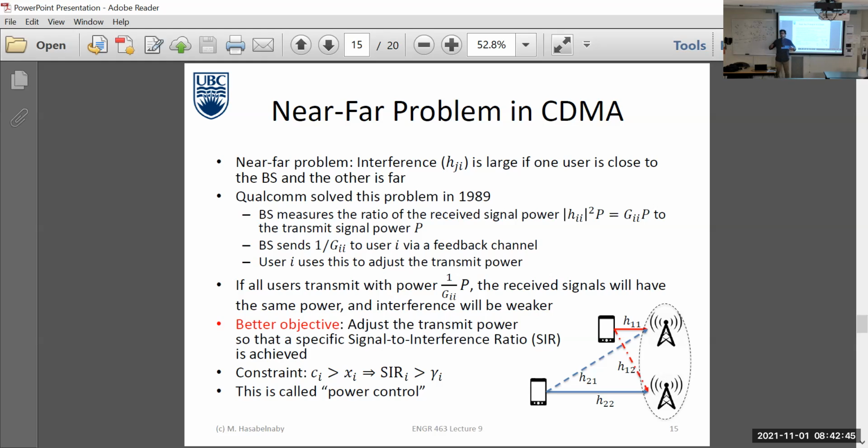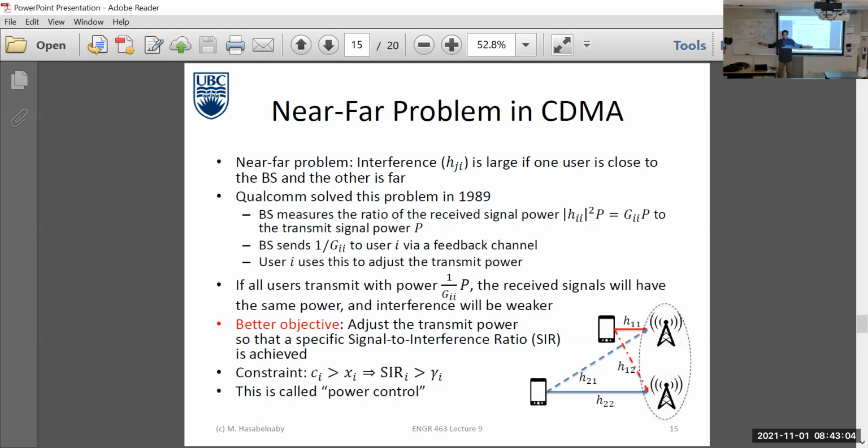So the first idea, when I told you we have a problem: what is the problem? One user transmits with more power than another user, and this user causes interference to all other users. How can we solve this problem?